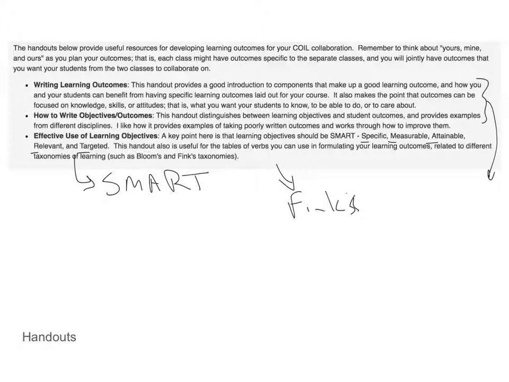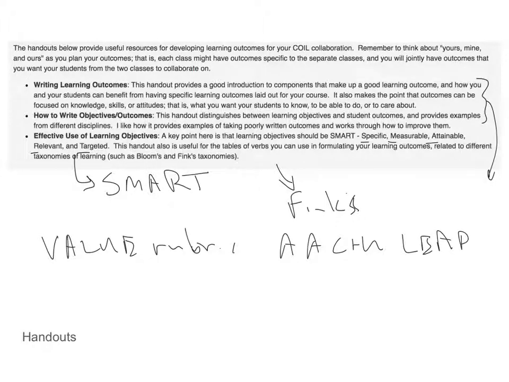And then I've uploaded one other document, which is the VALUE rubric from the AAC&U, the American Association of Colleges and Universities, LEAP project, which is Liberal Education and America's Promise. It's a project they've had underway for quite some time.